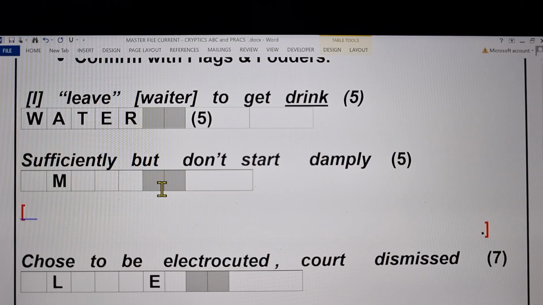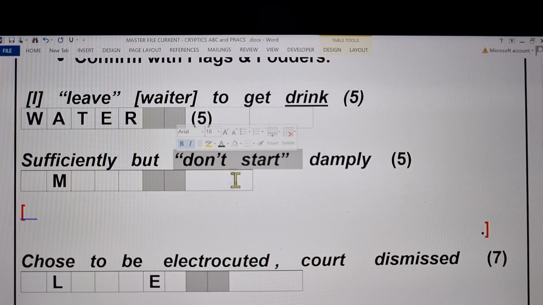Right, next one. "Sufficiently, but don't start damply." 5 spaces, given M. Okay, what do you think? All right, we'll do it the way I suggest. 5 spaces, "don't start" looks to me like an omission flag.